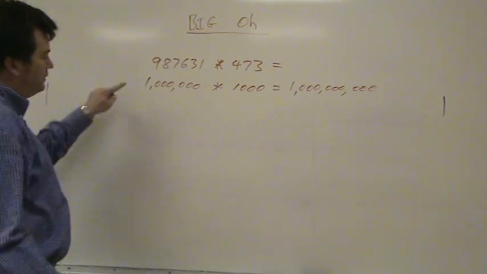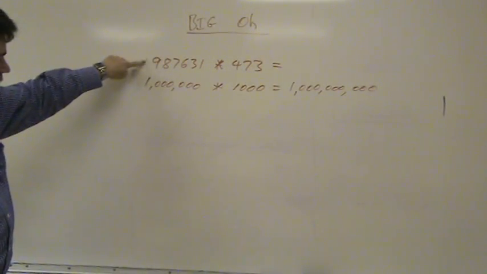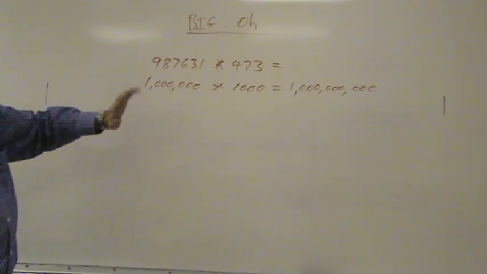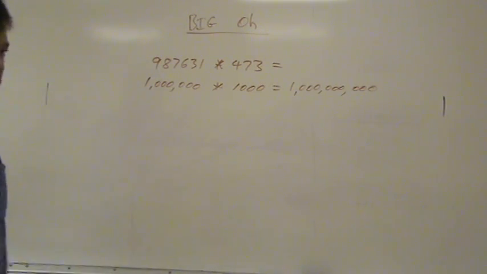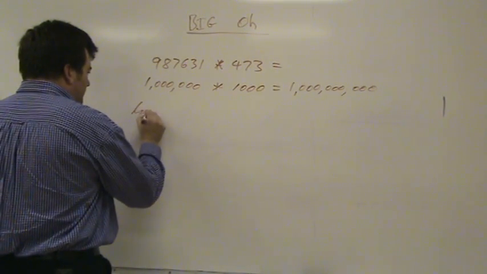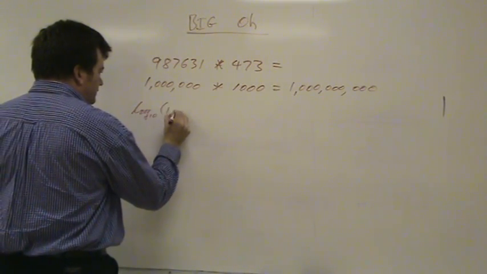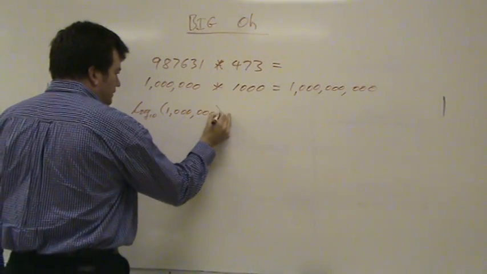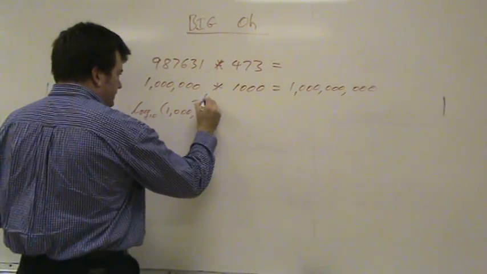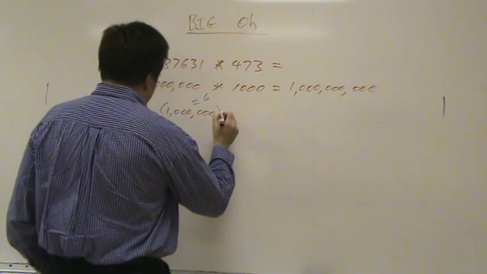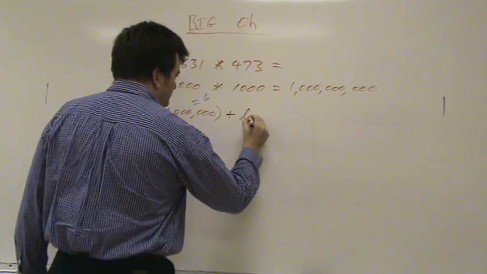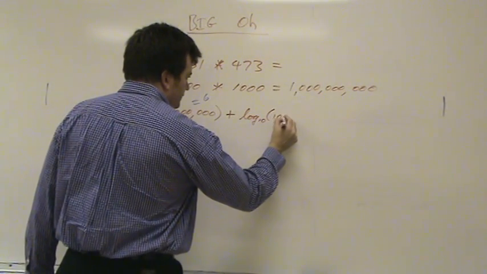And how are you able to do this one so fast and not the other, even though these numbers are bigger? The reason is you used logarithms. You may not realize it, but you did. You said to yourself, what is the log base 10 of 1,000,000? That equals 6. Then, what is the log base 10 of 1,000?